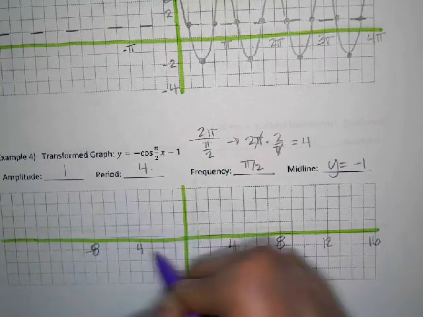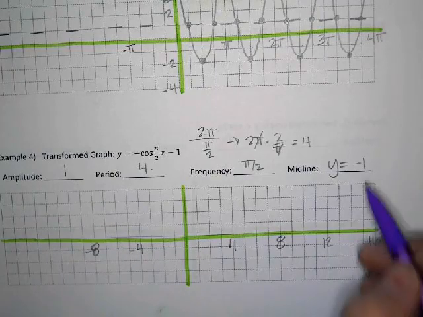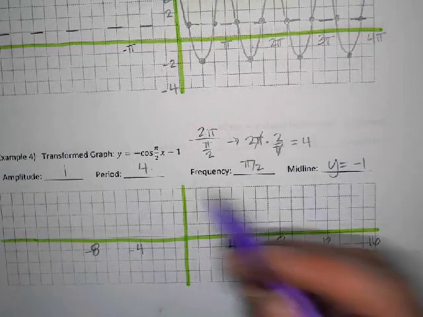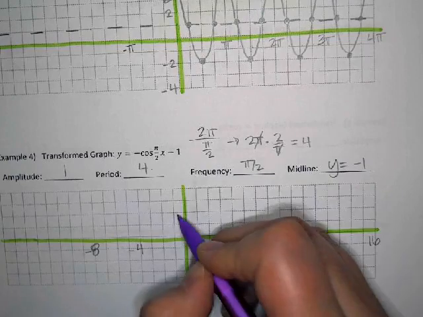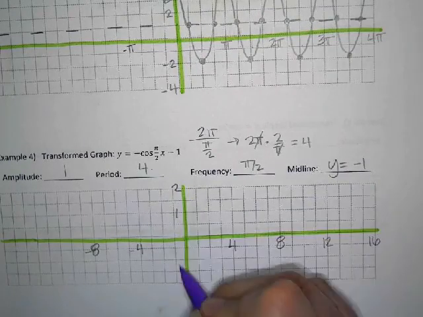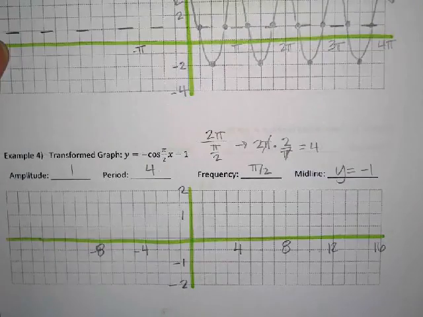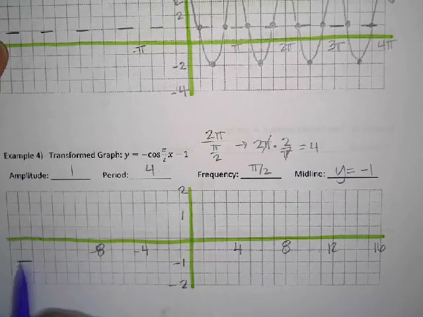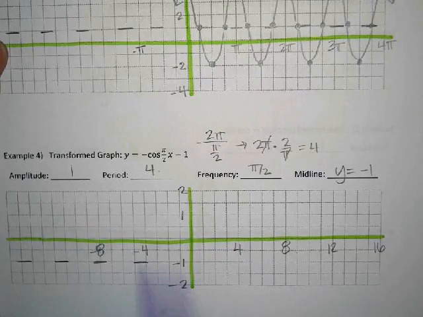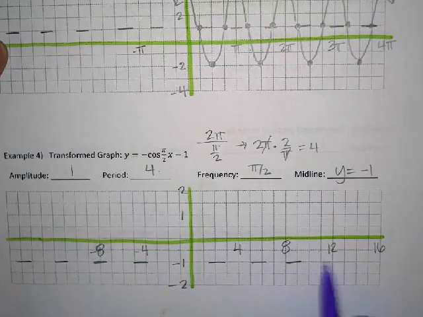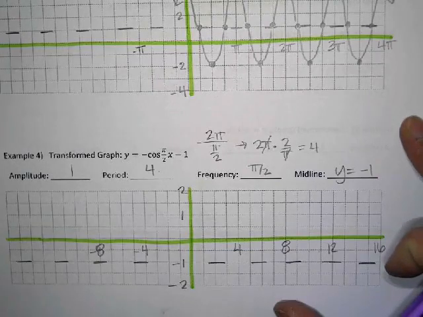And since I have a midline at -1 and an amplitude of 1, I can go ahead and scale like that. So I'll draw in my midline. This curve is negative, which means I'm going to start at my minimum.